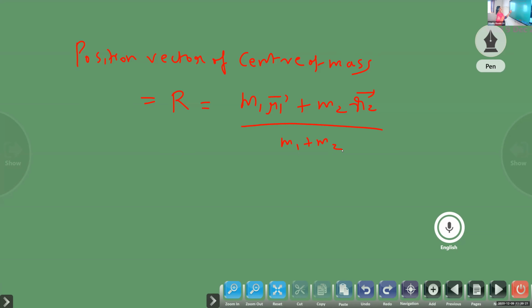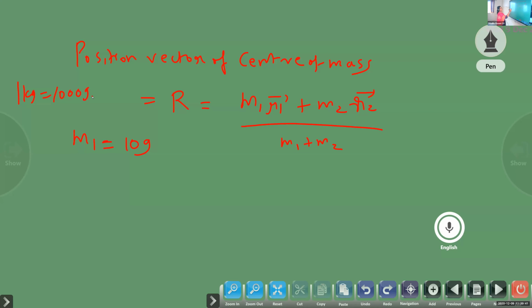Mass is given to you, but it is in gram. So in physics, gram has to be converted into kg. First one is 10 gram. We know that 1 kg is equal to 1000 gram.